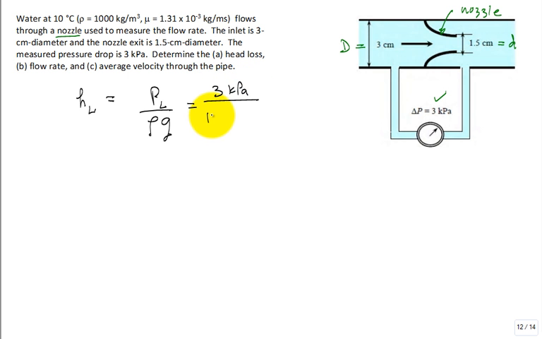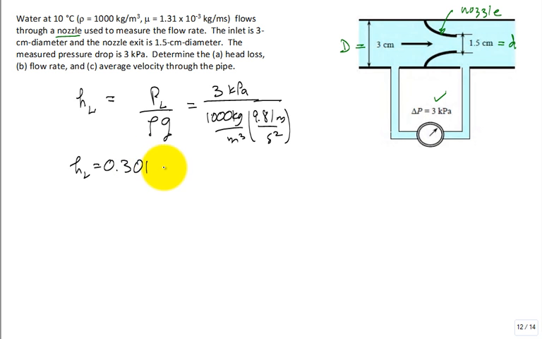You have 1,000 kilogram per meter cubed, 9.81 meters per second squared. You've done those units so often, and this comes in at around 0.3 something meter.